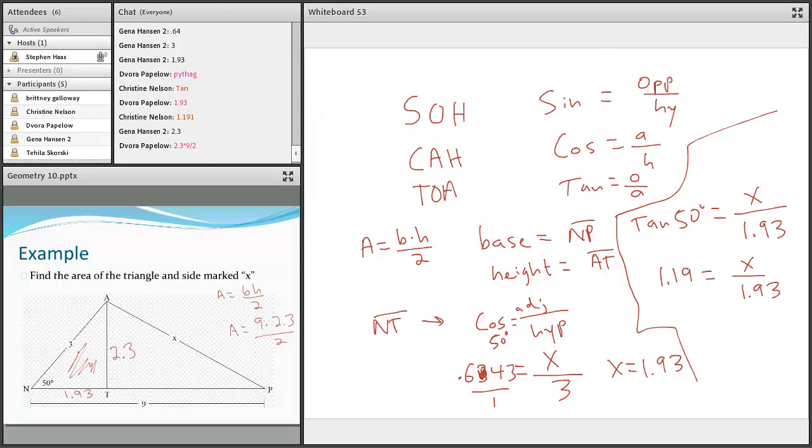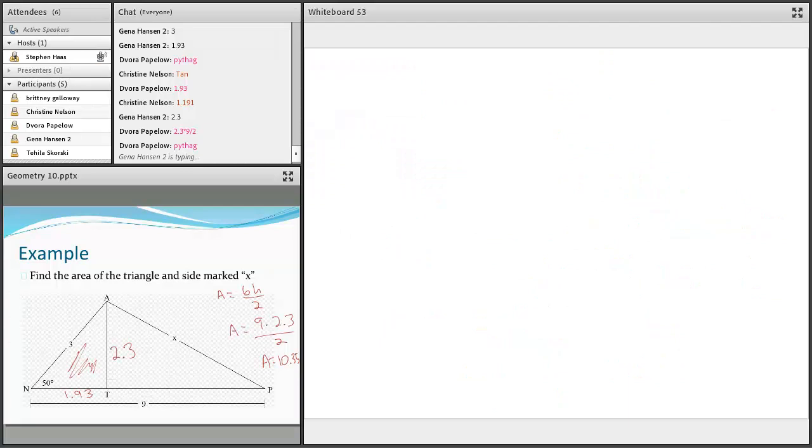So the area of the entire triangle is approximately 10.35. Okay, what about x? How do we figure out what x is? Well, again, we could use the Pythagorean theorem, because we know that if the whole thing is 9, then PT must be 9 minus 1.93, so PT must be approximately 7.07.